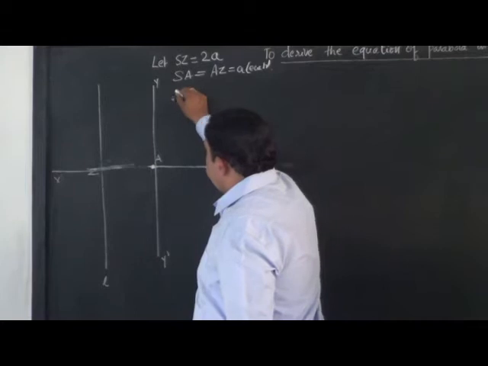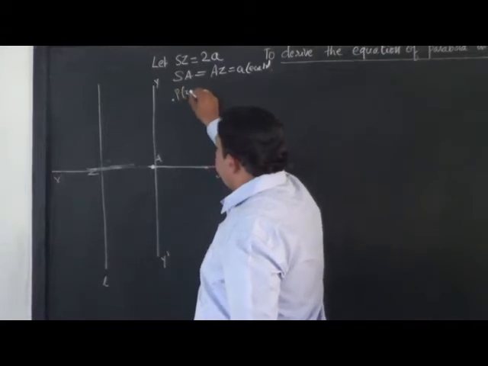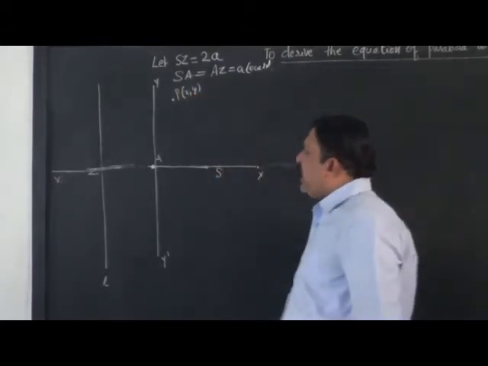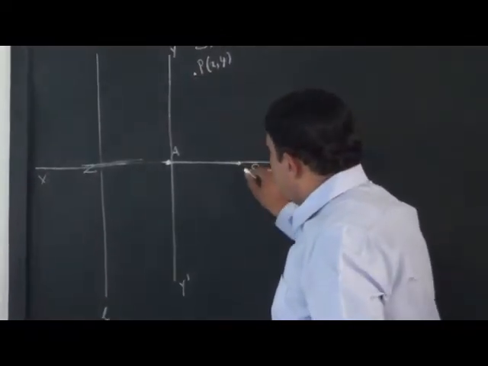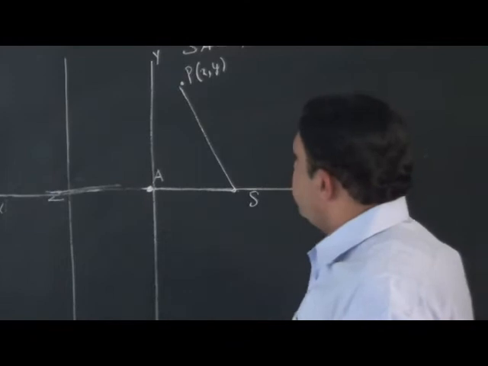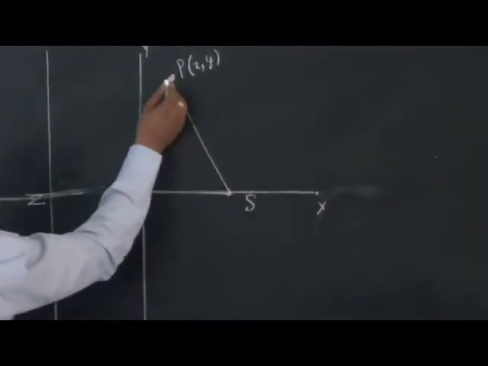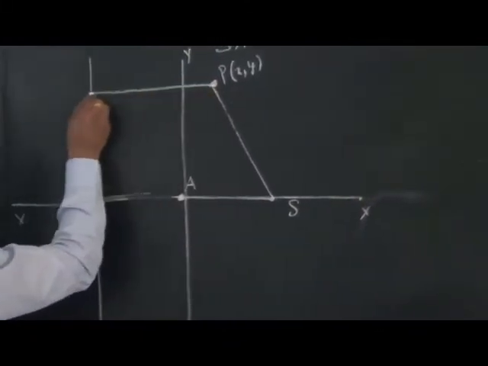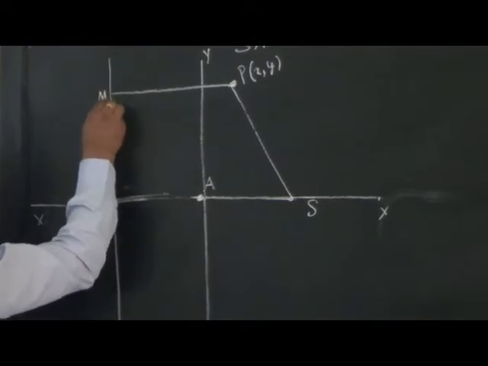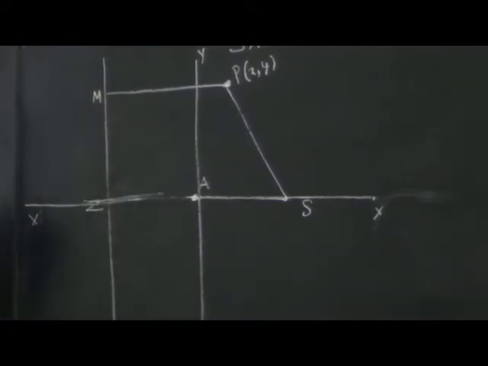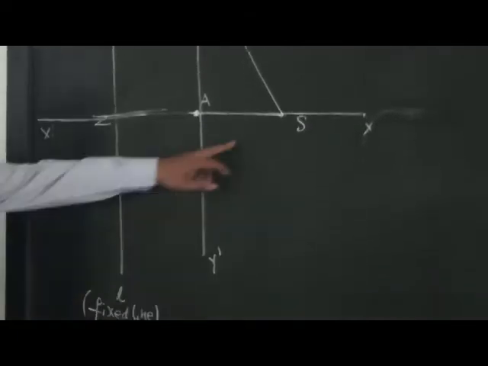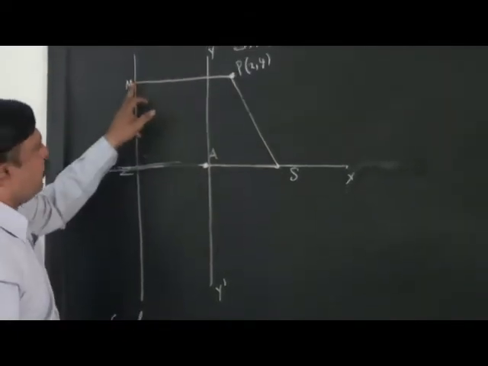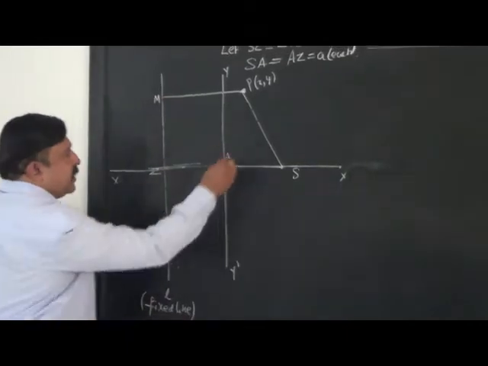Let P be a moving point whose coordinate is x comma y. Join SP and draw P1 perpendicular to the fixed line.